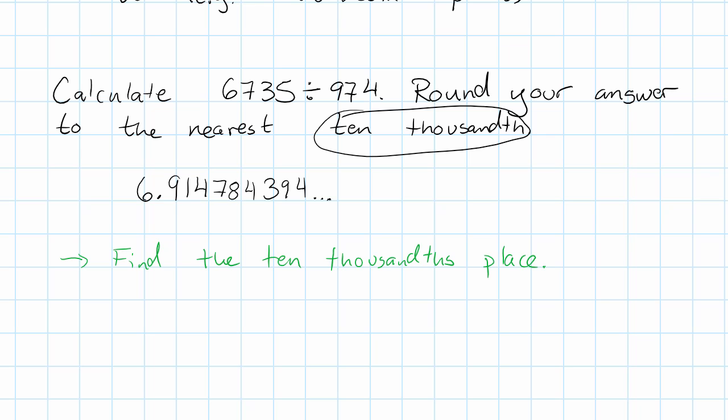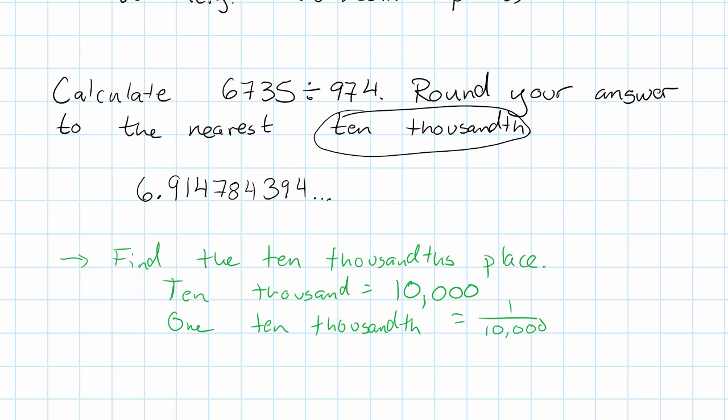Now, I think it's an awful lot easier to count than to recite a whole bunch of words. So this is how I would find the 10,000ths place. Right? 10,000 is this number. Right? 10,000. And in the whole numbers, we've got those commas to help us. So 1/10,000th is this number, 1/10,000.